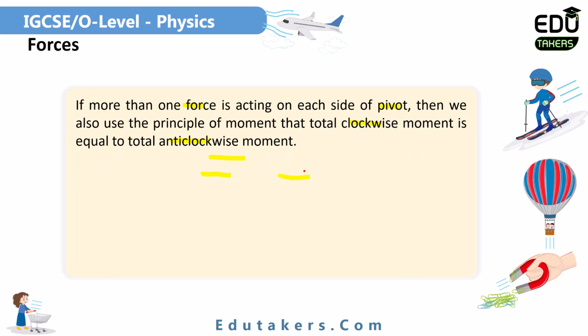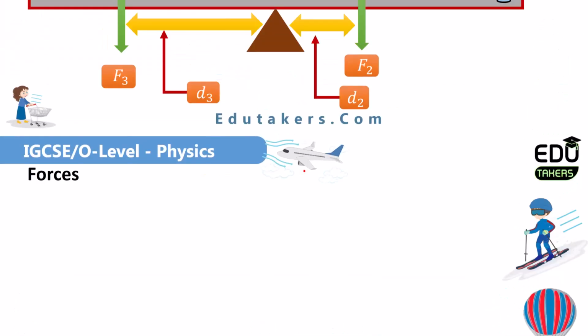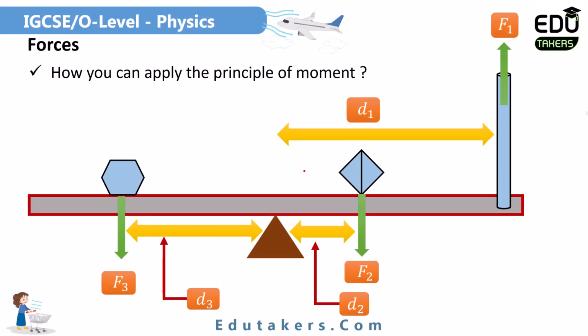So going back to this figure, you can see the force F2 is causing the clockwise moment, while F3 and F1, both of these cause the anti-clockwise moment.